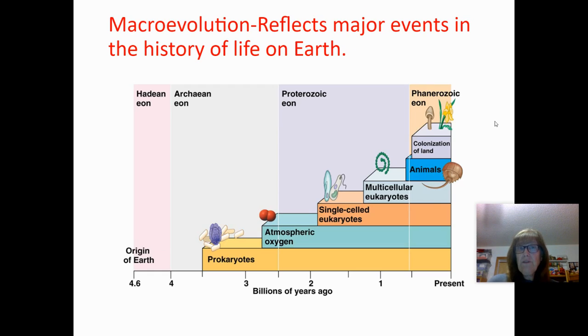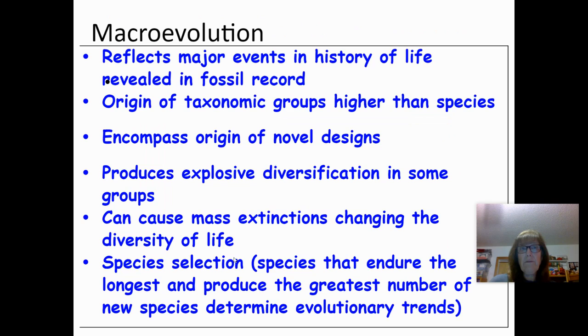Okay, so macroevolution reflects major events that have occurred in the history of life on Earth. And what we're going to be doing over this next part of the semester is working our way through these groups of organisms and looking at the evolutionary history of the novelties that exist in these organisms and how related they are to one another.